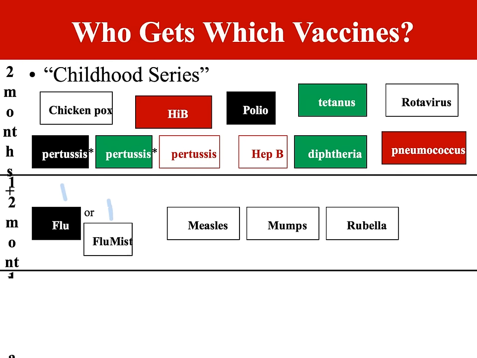And a 6 to 12-month-old baby, you'll give the injected inactivated one because they, frankly, put up less of a fuss. And they're not given live virus vaccine for flu anyway. However, they are given live virus vaccines for measles, mumps, and rubella.